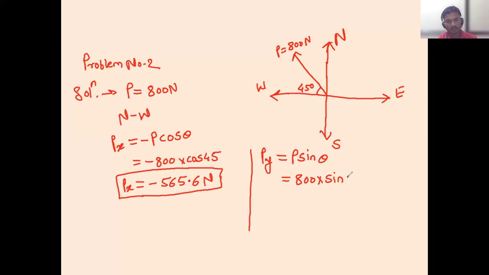Sin 45. Calculate how much it is. 565.6 Newton. It will be the same, no? 565.6 Newton. But only the sign is different, no?